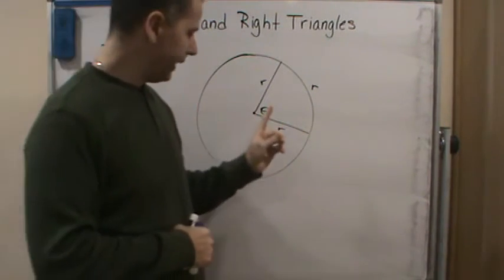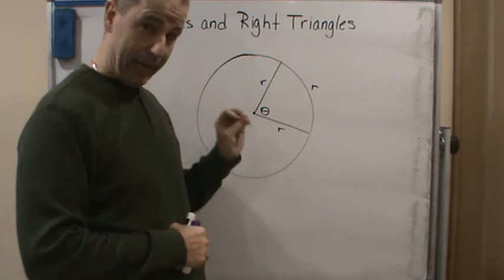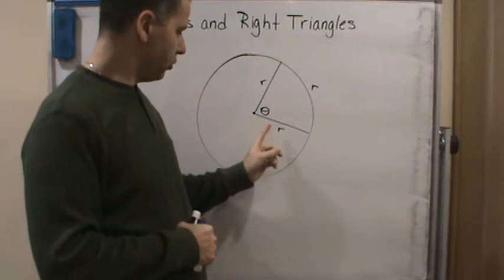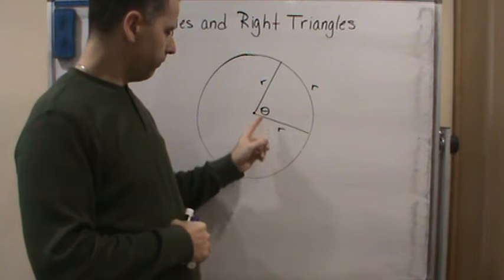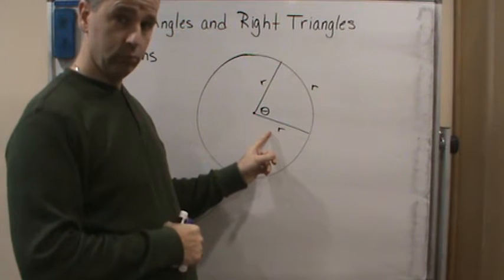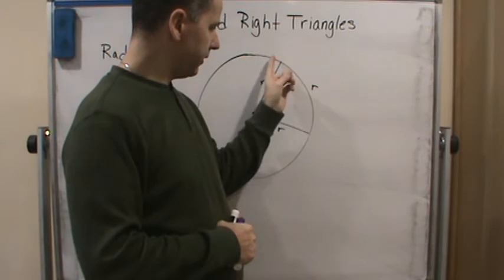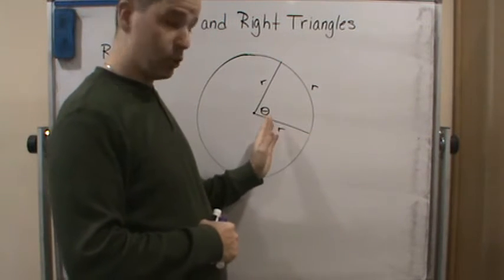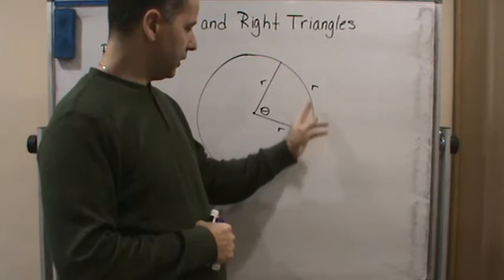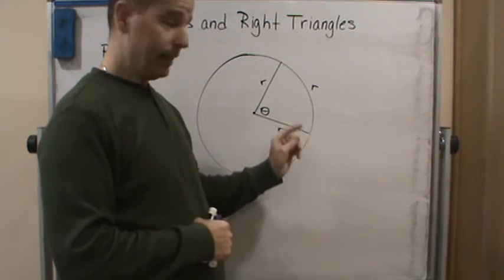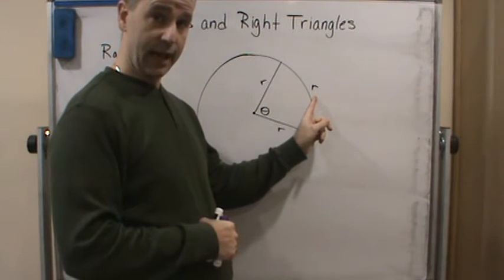Well, a radian is the angle measure between two radii of a circle, in this case, such that the arc length that's intercepted between the two radii is equal to the same length as the radii.